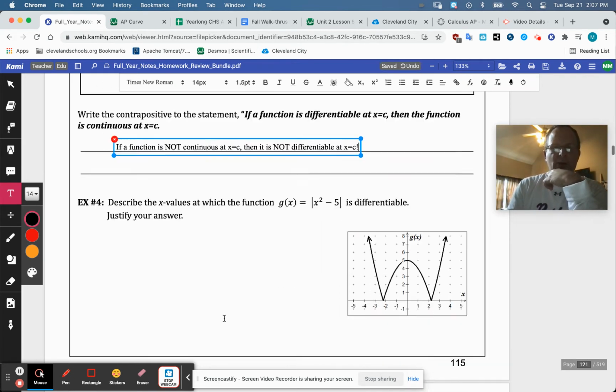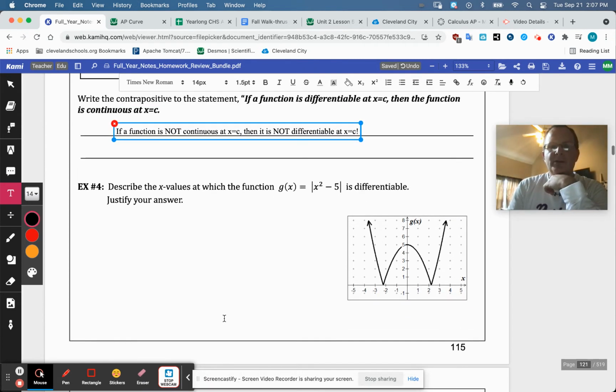All right. So example 4, describe the x values at which it is differentiable. Justify your answer. Okay. Now here's the thing. Hard to see, but these definitely have a cusp whenever this function is equal to 0. Well, this function is equal to 0 at two places.